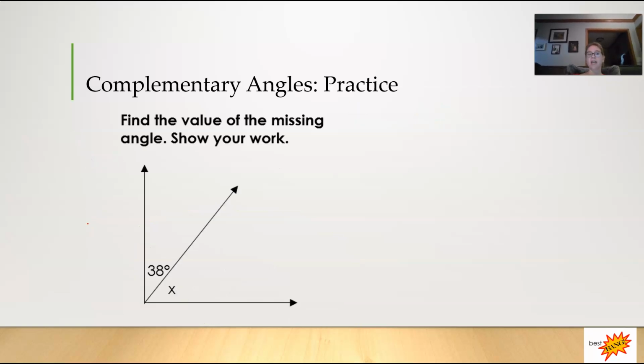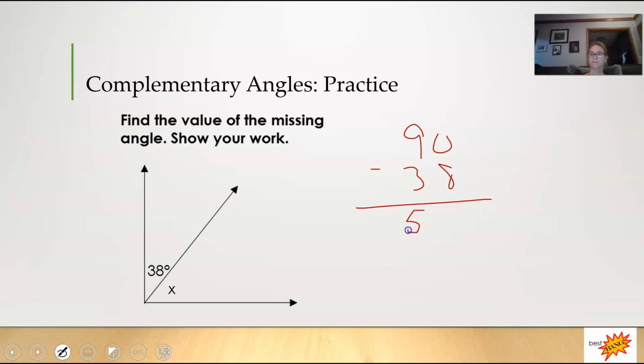You don't necessarily have to work this out, but I'm going to give you a second, pause the video, and tell me how you would solve this problem. Okay, now that you've had a chance to pause it, hopefully what you thought to do was 90 minus 38 equals 62.